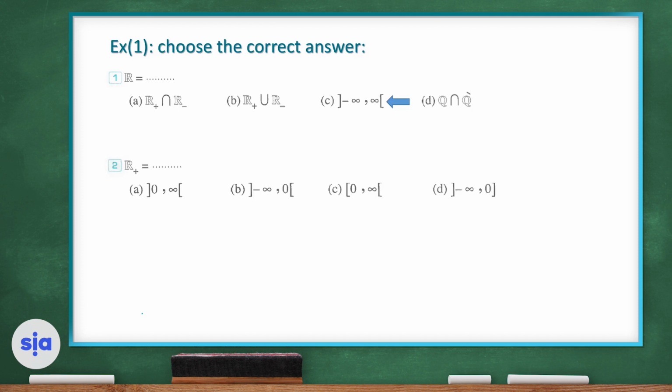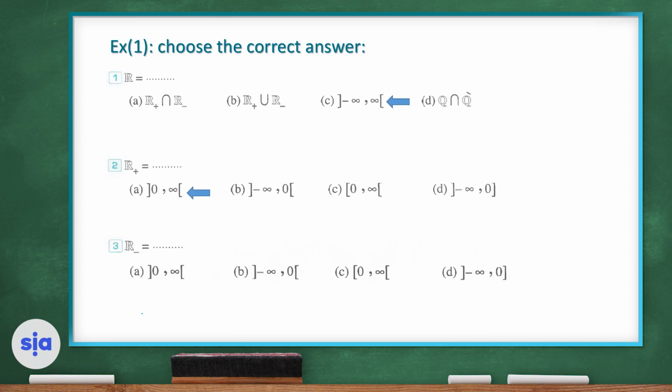So, how can I start the positive numbers? It's right after the 0, but the 0 is not included, right? So here, we're going to say that it's from 0 opened up until the positive infinity. So the interval will be from 0 opened until the infinity, which is choice A.